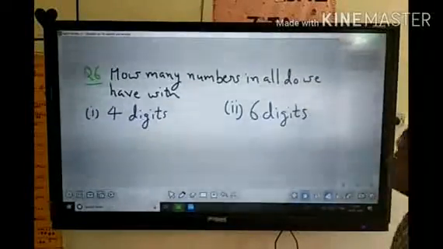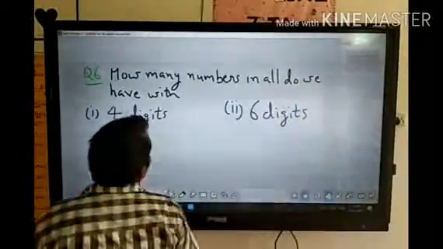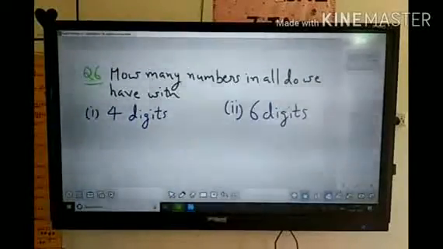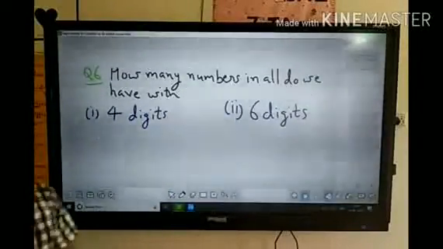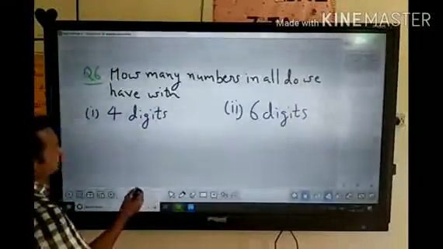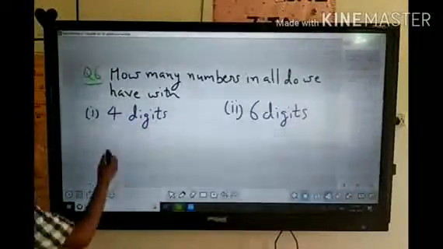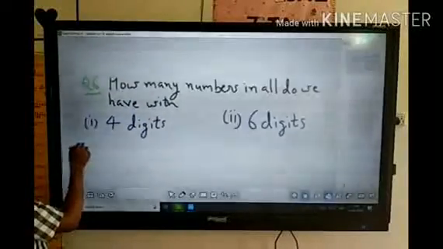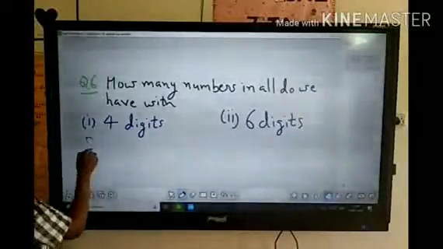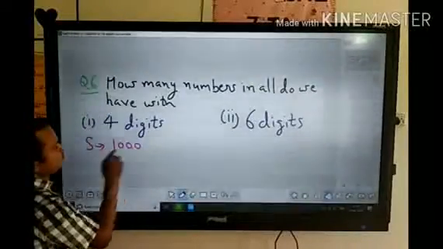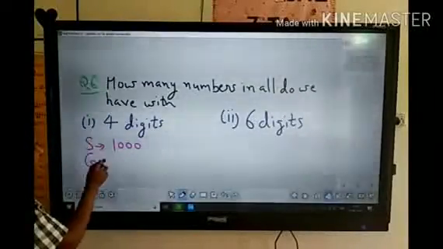Now the next question is, how many numbers in all do we have with 4 digits or 6 digits? Now here, how many 4-digit numbers are there? The smallest 4-digit number is 1000 and the greatest 4-digit number is 9999.